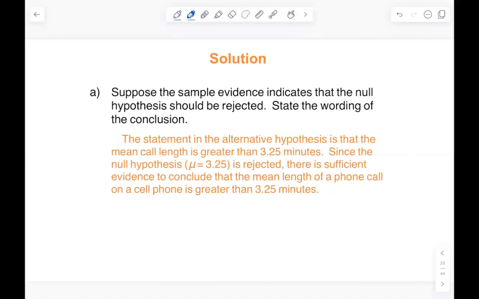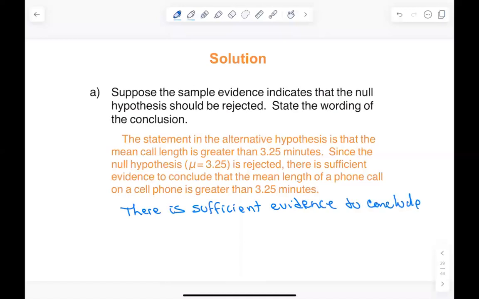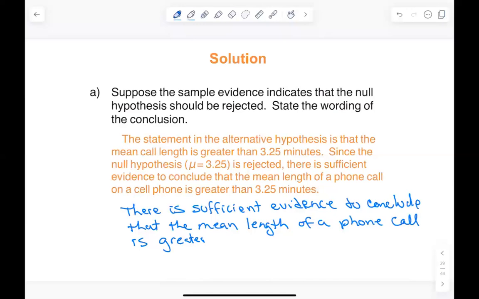I usually would just write, I'm going to get a different color here. I would write this. There is sufficient evidence to conclude that the mean length of a phone call is greater than, this is still wordy, but greater than 3.25 minutes.